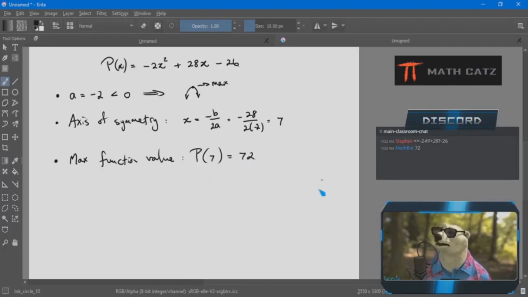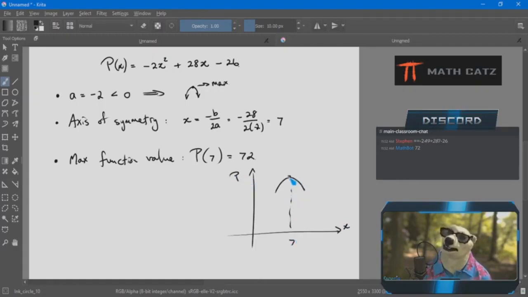They don't ask me to graph it, so I mean, I totally can. Of course, I don't know exactly where the transformations are, right? This is the downside. I know that at 7 for x, this is the profit. I'm going to reach a maximum here, and that maximum profit is 72. That's good enough.